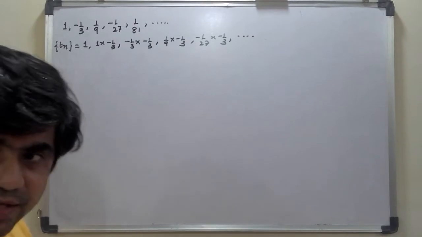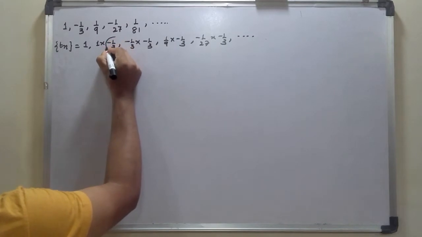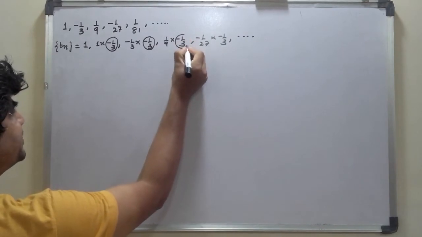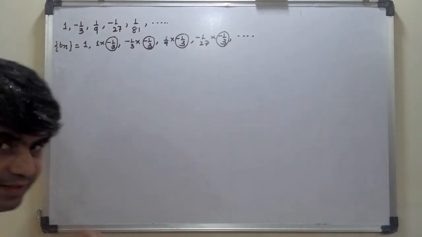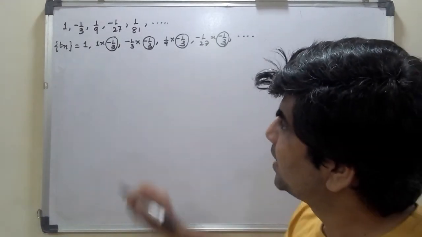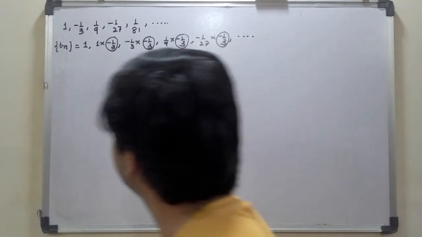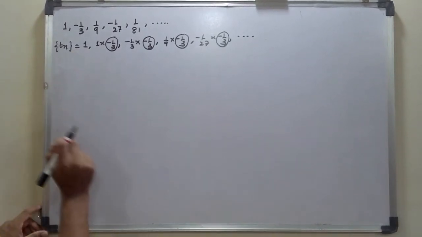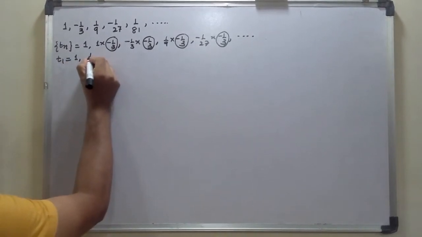Means if you see here, this particular minus 1 by 3 comes in every one, right? So I can say it is the common factor which is multiplying the previous term to get the next term. That means, suppose your term 1 is 1, then how did I get term 2?